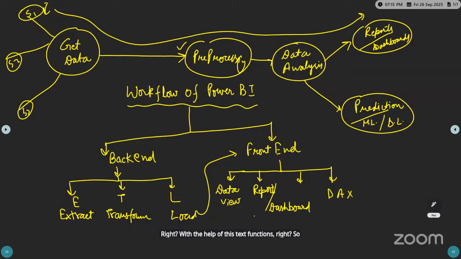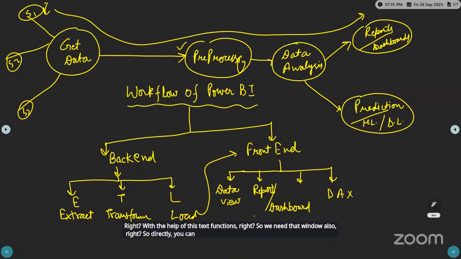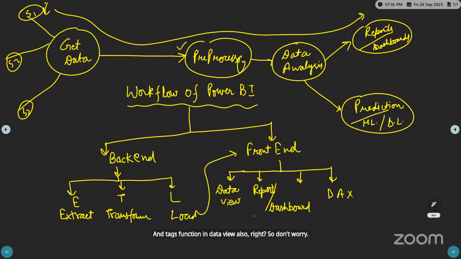So we need that window also. You can directly write those functions in the data view also. It's not necessary that you go to the DAX view. Some versions have DAX view, some don't, so we can have DAX functions in data view also. So don't worry.